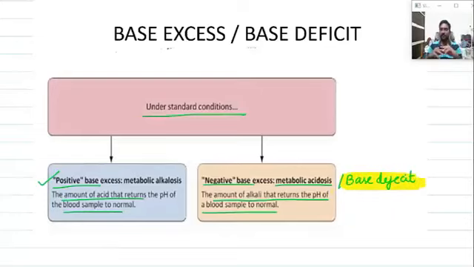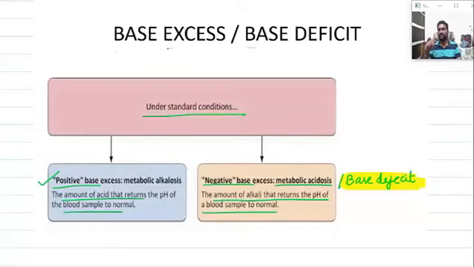So generally for most metabolic alkalosis, if you treat the underlying condition or if you give saline, there is no need to add any acid to bring back the pH to normal. But in metabolic acidosis, in a few conditions, even if you treat the underlying condition, the pH may not come back to normal. In such cases, addition of base might be required. So this phenomenon is base deficit.